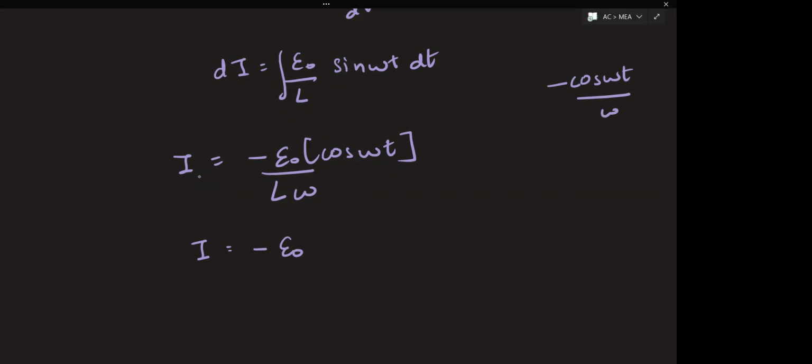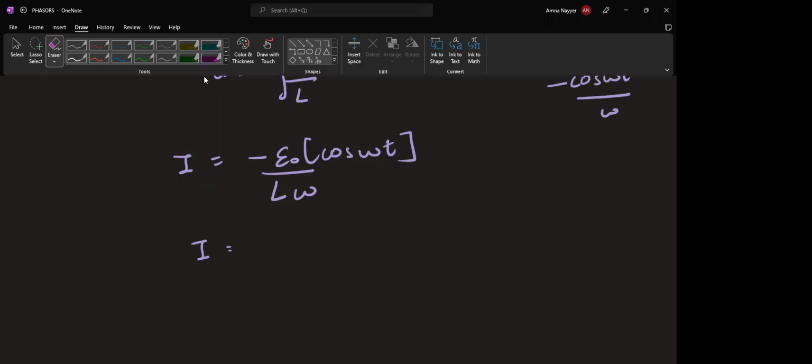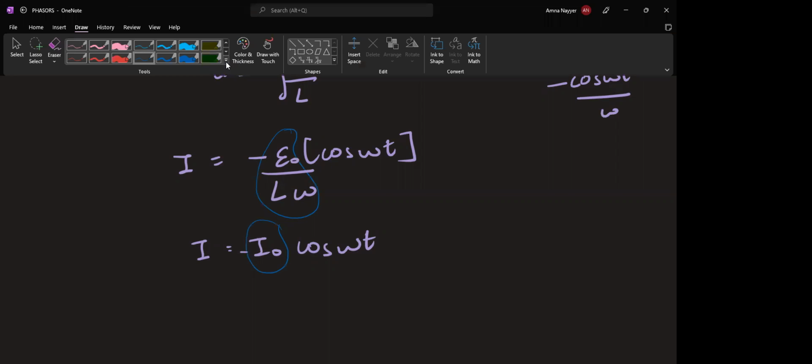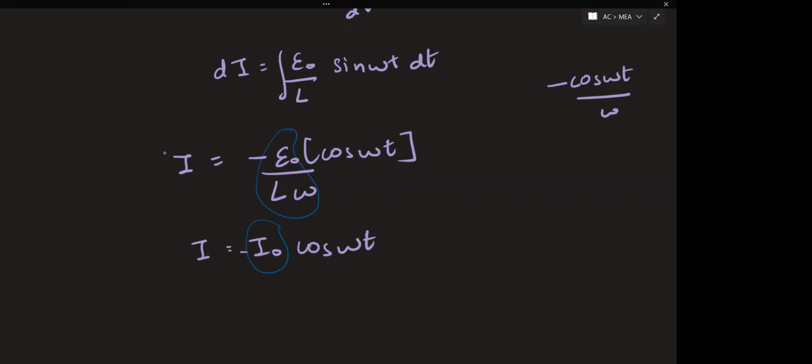If you compare it with the main equation, this is minus I naught cos omega t, so you can easily predict that I naught is equal to E naught divided by omega L. And this omega L is known as inductive reactance.